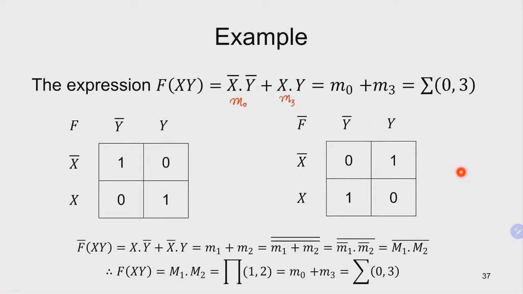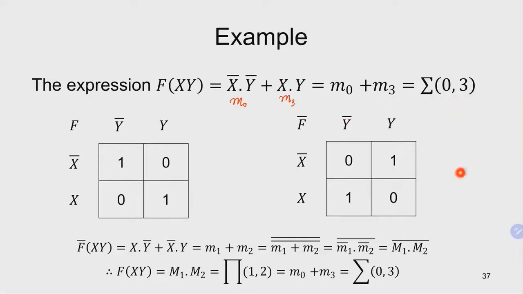So putting that into our Karnaugh map, we got a 1 for minterm M0, and we got a 1 for minterm M3. So in terms of our sum of products or SOP method of writing, we can write that this expression equals the sum of 0, 3.